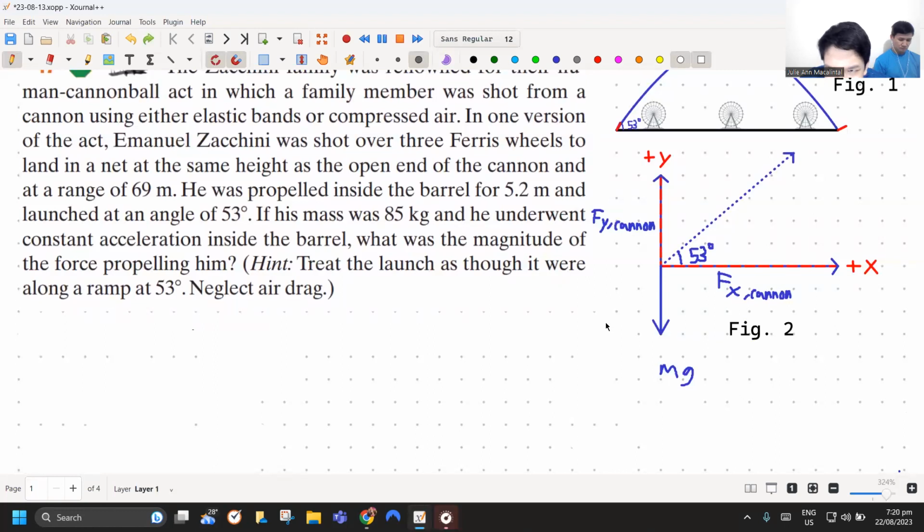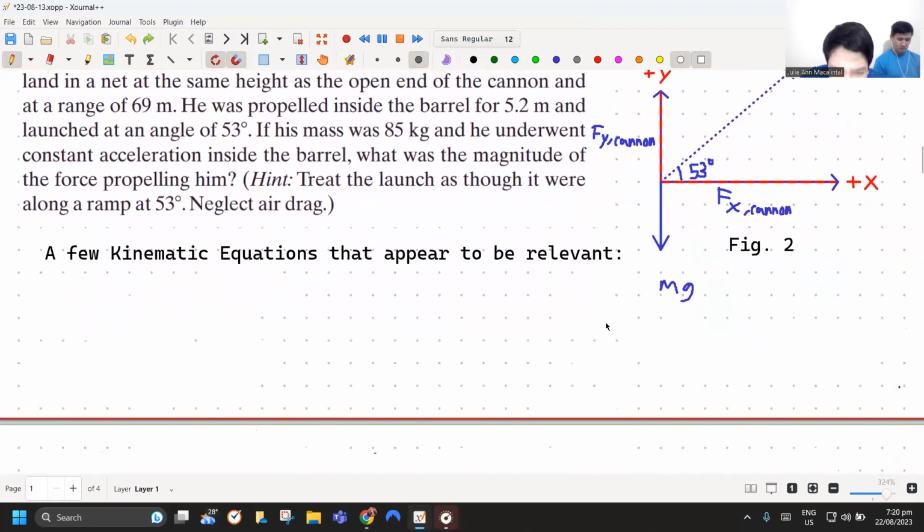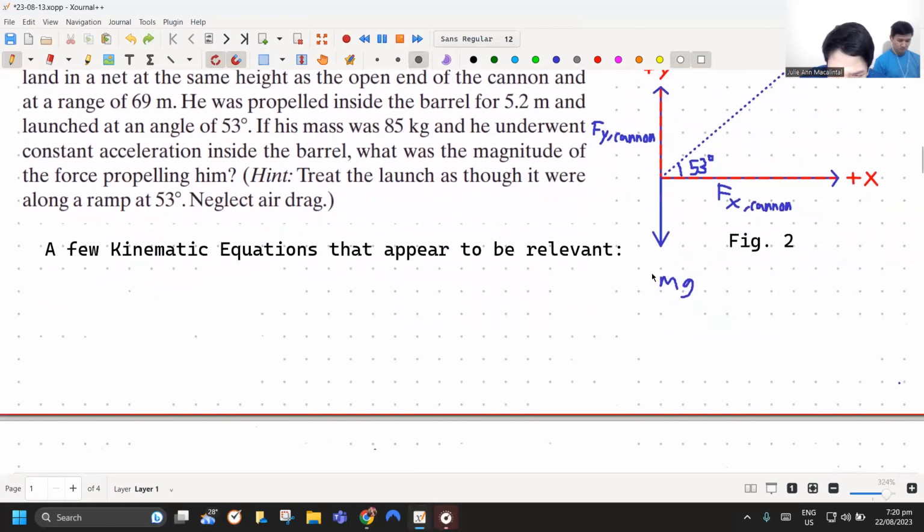This is figure 2. So now we will need to write down a few kinematic equations, because you can never live without writing at least one of these.